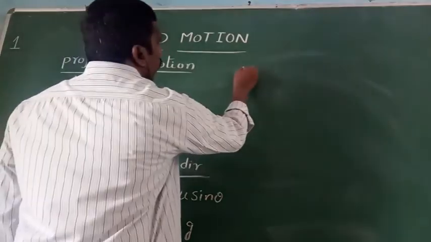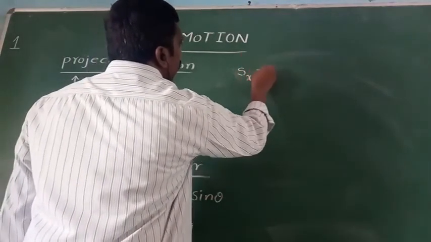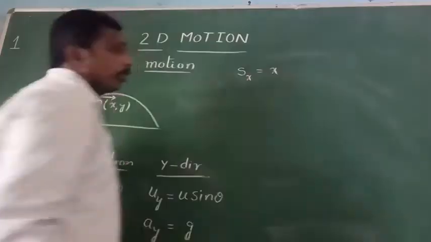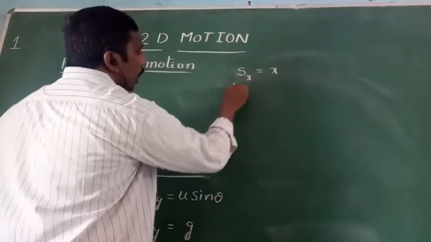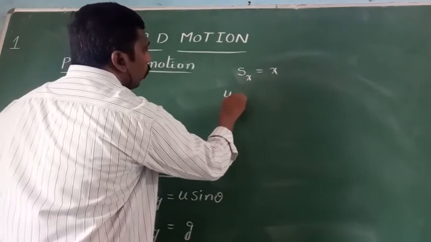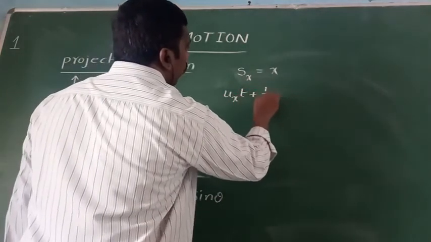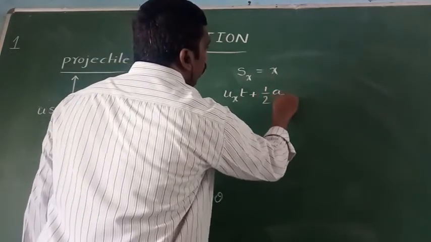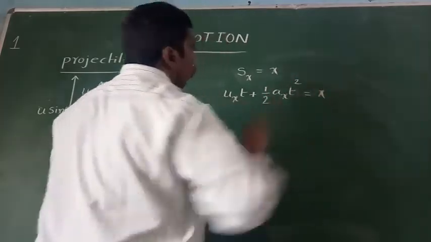Displacement along the x-axis, we take as x. So Sx is equal to ux into t plus half ax into t square, that is equal to x.